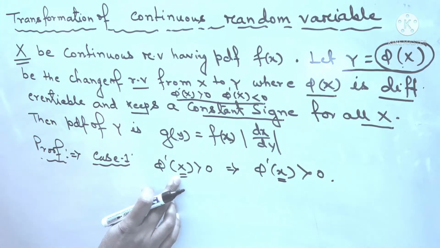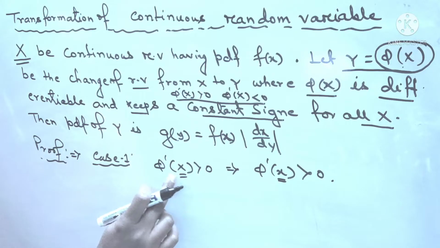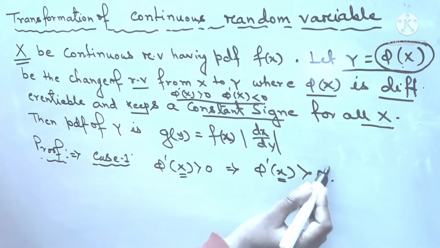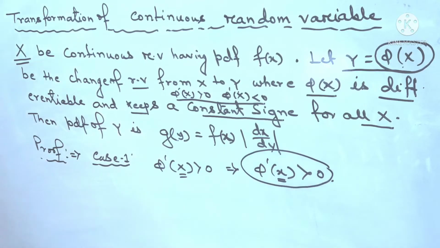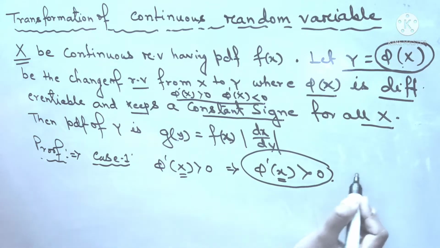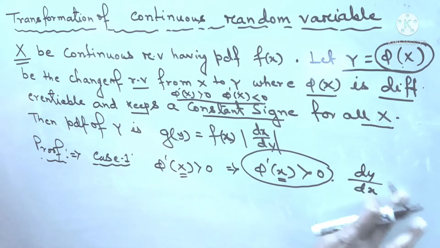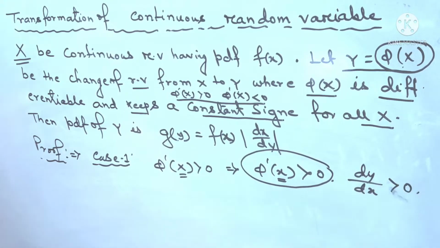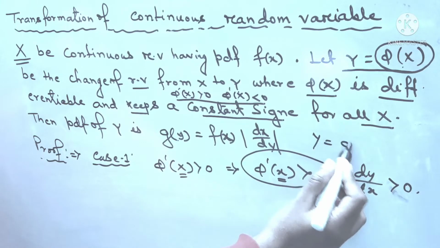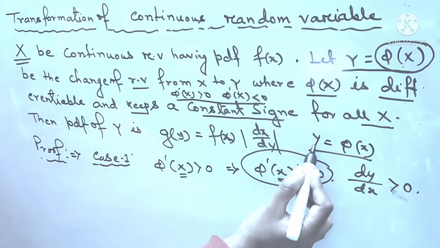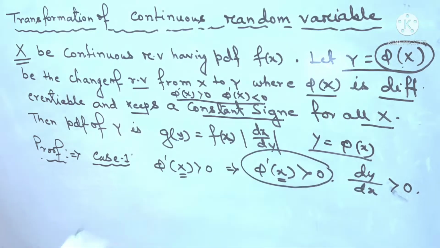This is the random variable and the real value of capital X is small x, and this means dy by dx greater than 0, because y equal to phi of x and the derivative of y with respect to x is greater than 0.